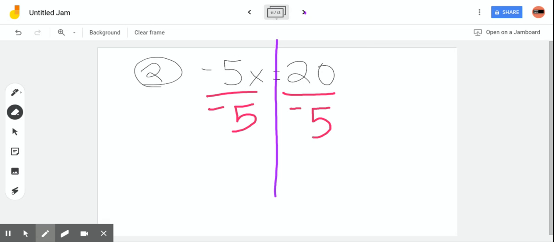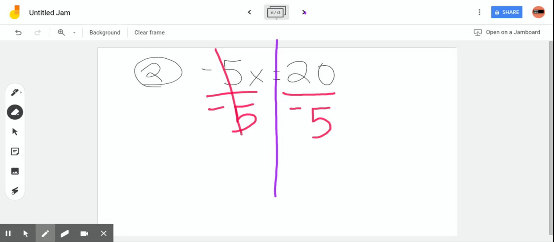Because we're doing the opposite operation. The operation going with the x is multiplying, so we got to divide. You're going to multiply or divide by the same number. So we're going to divide each side by -5.